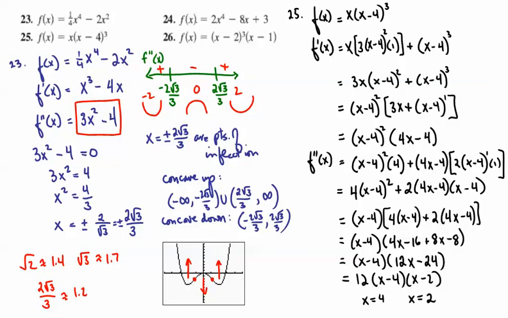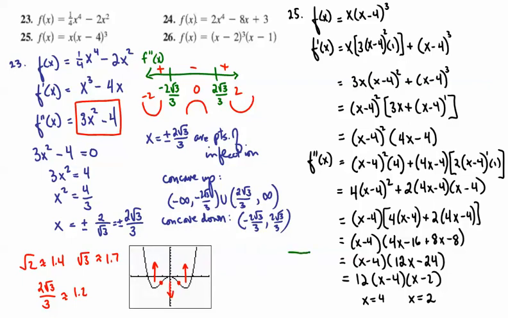But we don't have any room to work with, so let's see what we can do here. So we'll start a number line over here with x equals 2 and x equals 4. And we have our factored form of the second derivative. Should be fairly easy to work with. Our second derivative test values will be 0, 3, 5. And we plug in 0.